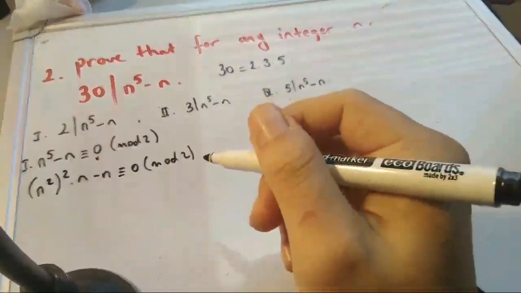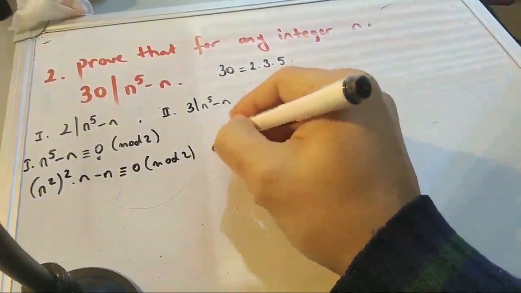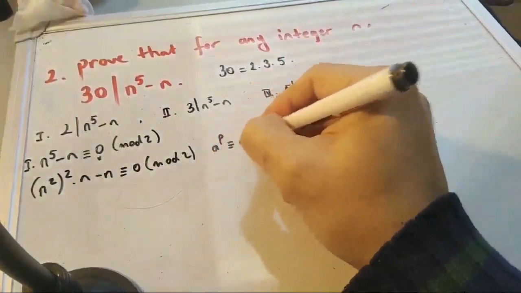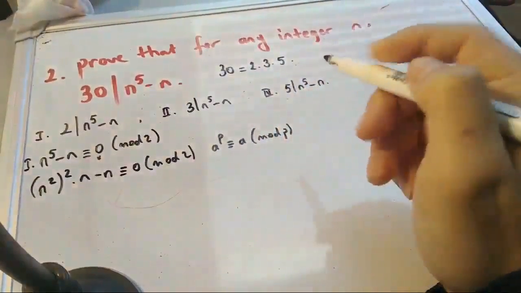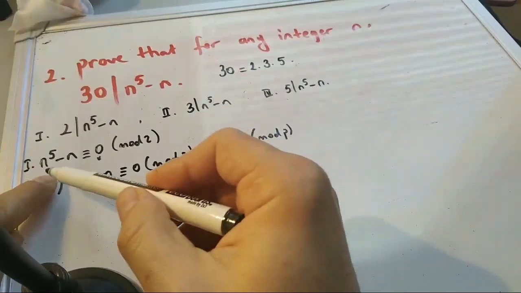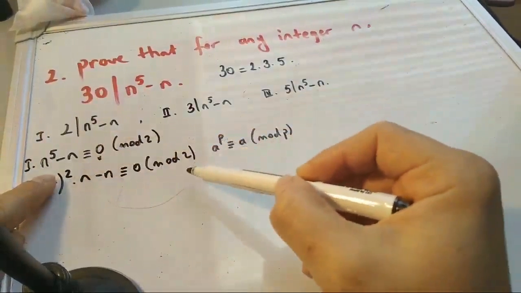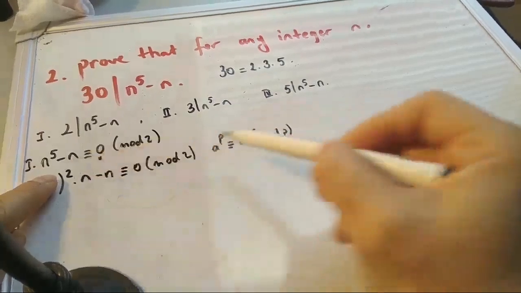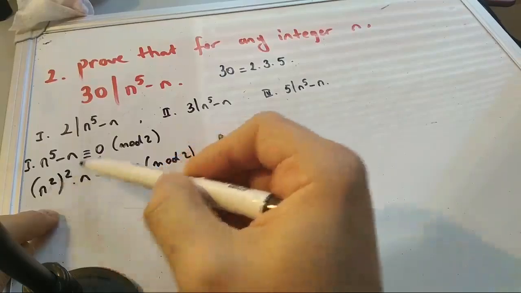Here we will apply Fermat's theorem. Remember that a to the power of p is congruent to a in mod p. So look at it. A to the power of 2 in mod 2. What is the remainder? A. So the remainder will be here n squared.